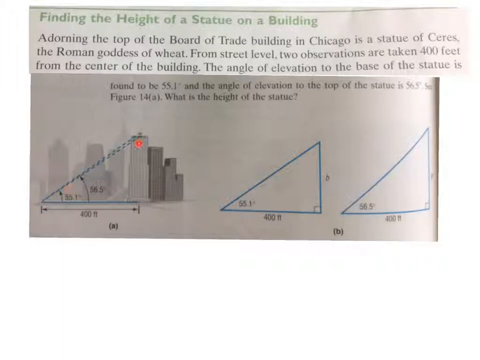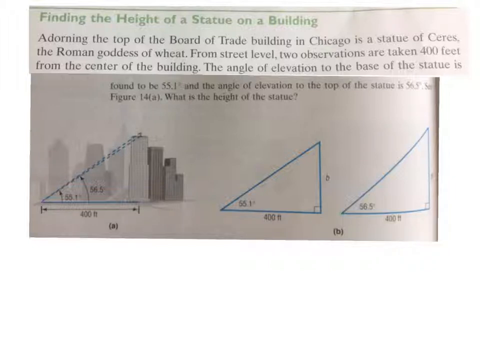We can take two separate observations. One from the street level all the way up to the base of the statue, and one from the street level up to the head of the statue, the top of the head of the statue. And so both these observations are taken 400 feet from the building, and it's found that we have to look up at a 55.1 degree angle to look at the base of the statue, and a 56.5 degree angle to look at the height of the statue.